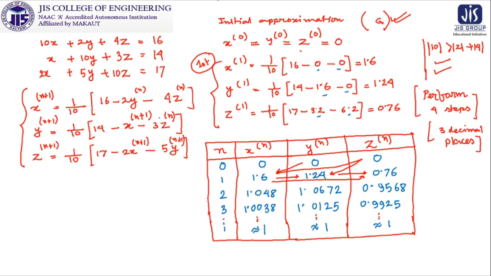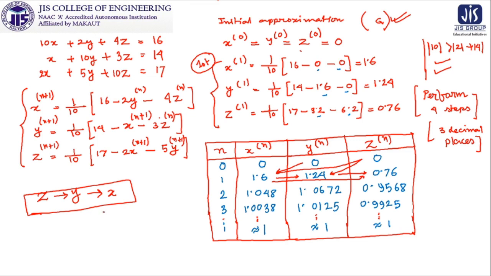Then after z you find y, which will have zn+1 and only xn, and then if you are calculating x, x will have zn+1 and yn+1, and in that case you will see that the closeness of the value of x will be more than the closeness of the values of y and z.